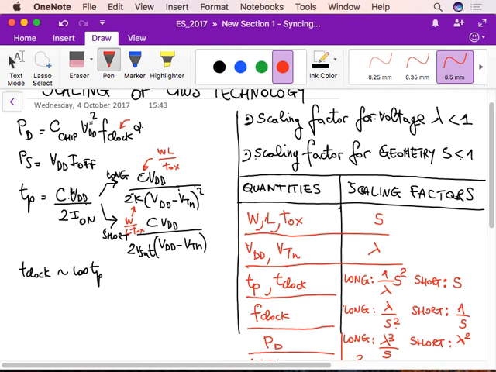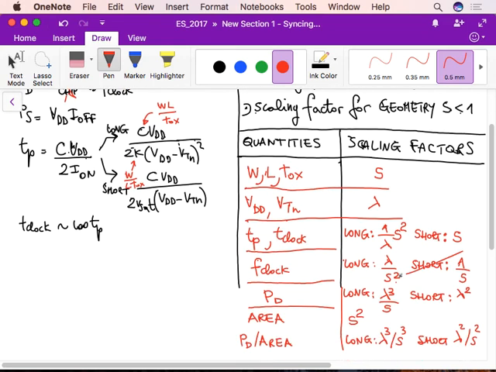You can do the following thing. This is, if you consider just a single logic gate, proportional to W L over Tox, so it goes like S squared over S, so this goes like S. So you have PD, which is proportional to S, and the area goes down like S squared.